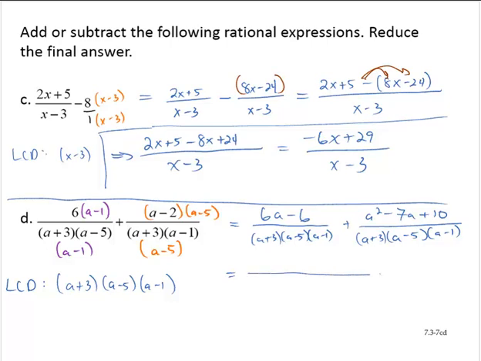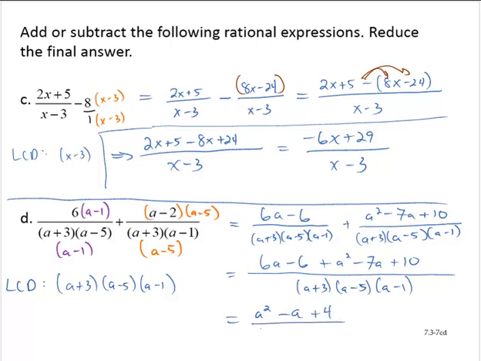Combining these into a single fraction, 6a minus 6 plus a squared minus 7a plus 10 over the common denominator. Combining the like terms gives me a squared minus a plus 4 over a plus 3 by a minus 5 by a minus 1.